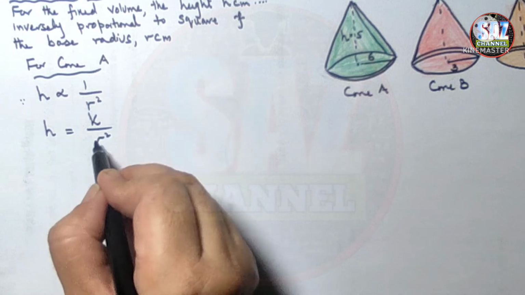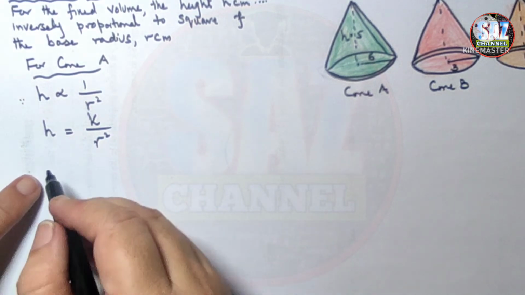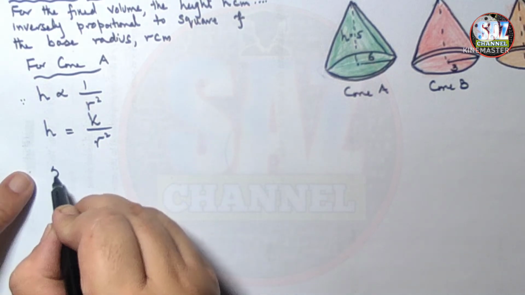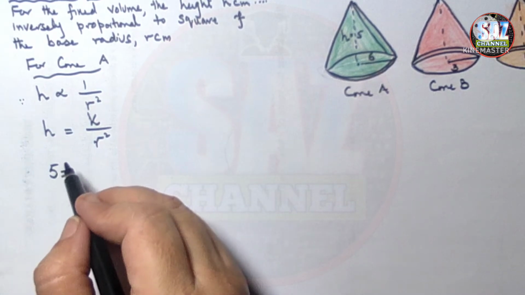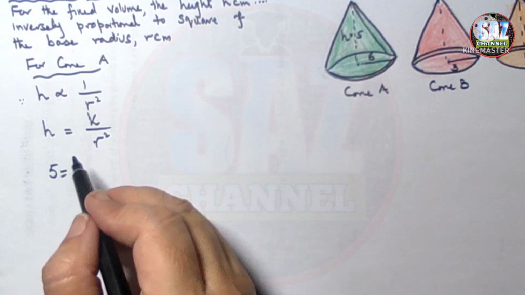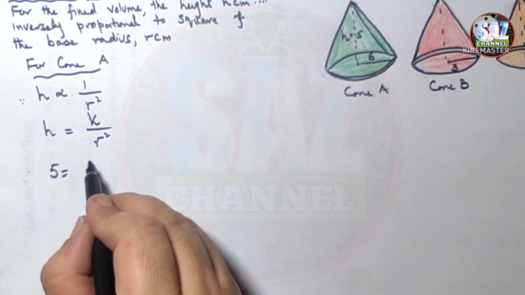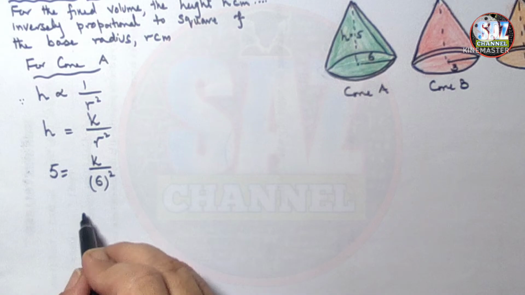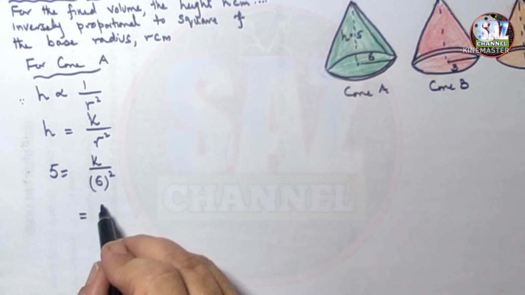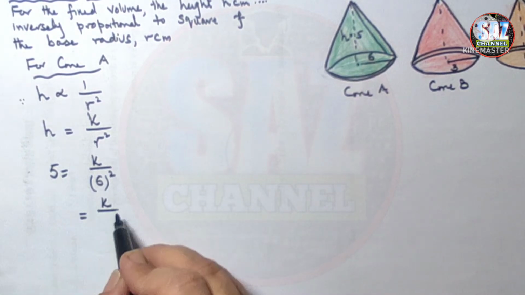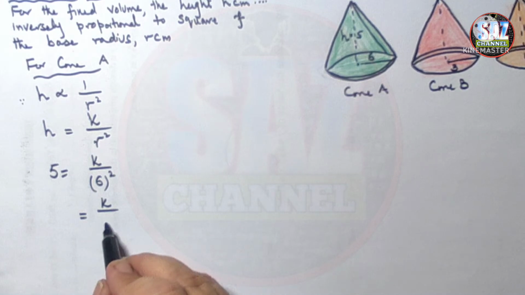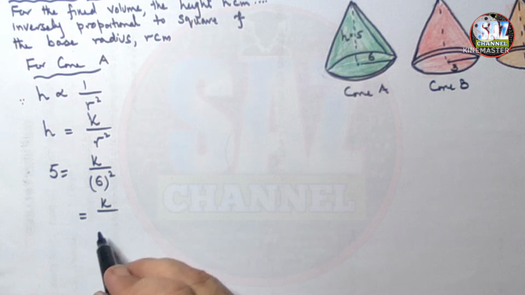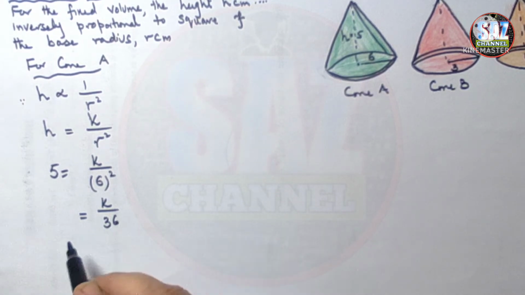Now the height of cone A is 5 centimeter, and the base radius is 6 square. You can see that we need to use squares, cubes and cube roots frequently. So for better understanding of the lesson and for calculation purposes, you have to learn these by heart.